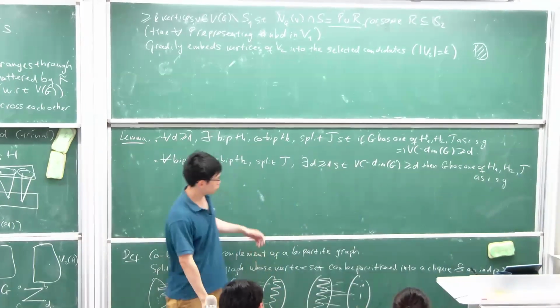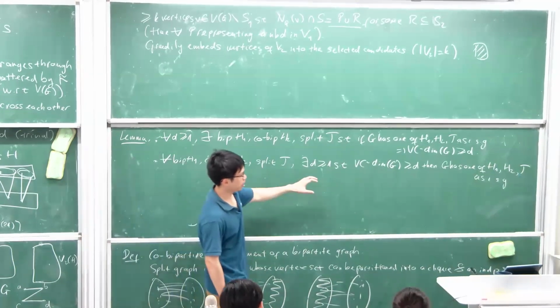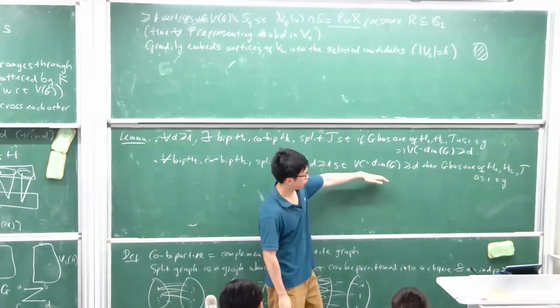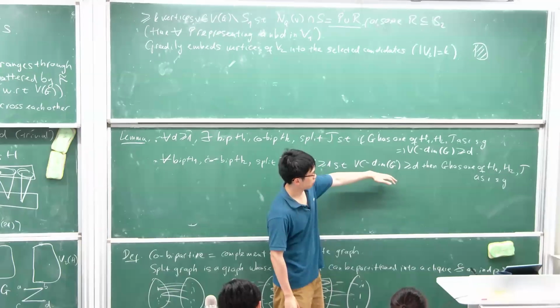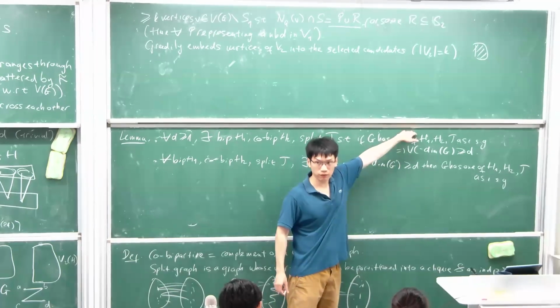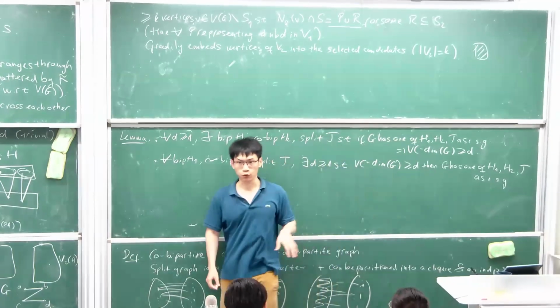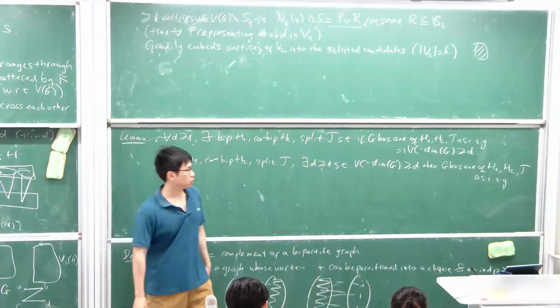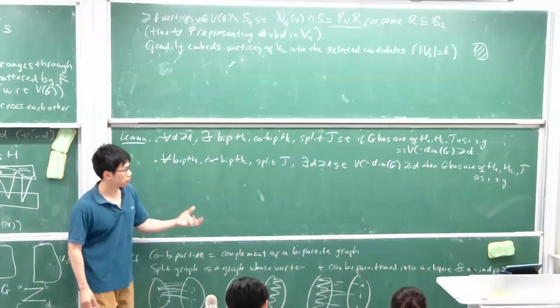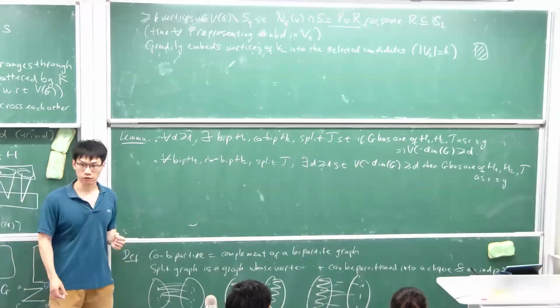So in other words, we can characterize graphs of bounded VC dimension by using only three kinds of forbidden induced subgraphs. One is a split graph, one is a bipartite graph, and one is a co-bipartite graph.